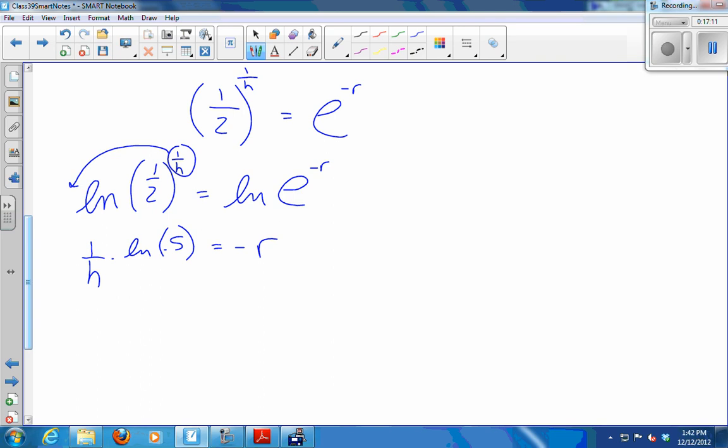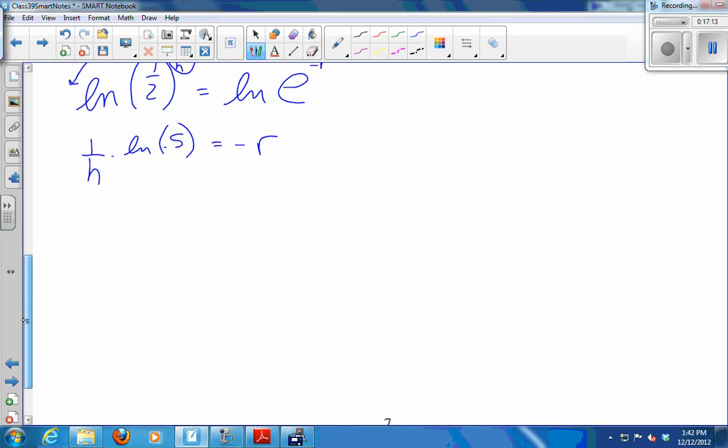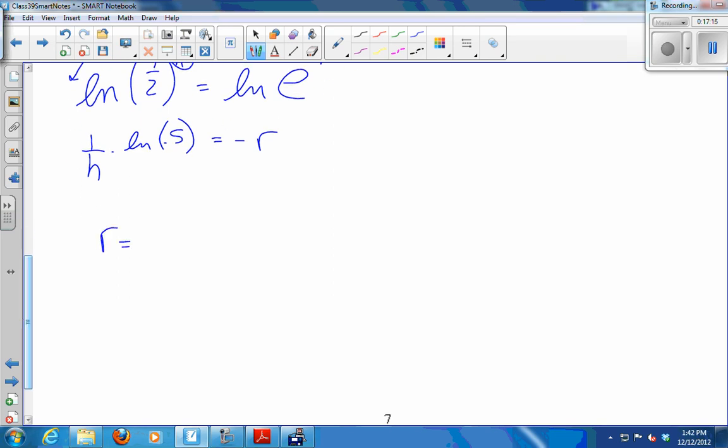So to solve for r, I just multiply both sides by -1. So I get r is going to be negative ln of 0.5, which I'm going to write as 1/2, over h. So I just multiplied those two fractions. So this is an equation you can use to convert. If you know half-life, plug in h and get r.